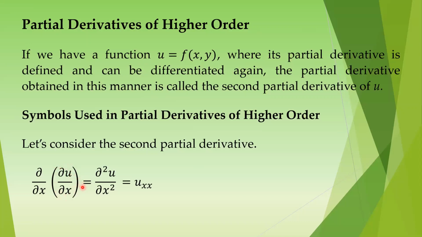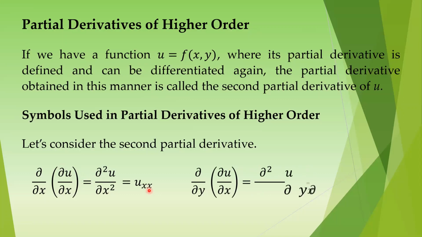So, pwede mo siya i-rewrite as second partial derivative of u with respect to x. So, meaning your second and first partial derivatives are with respect to x. So, pwede mo rin siya i-rewrite as u sub x, x. So, u is differentiated partially with respect to x, then again with respect to x.